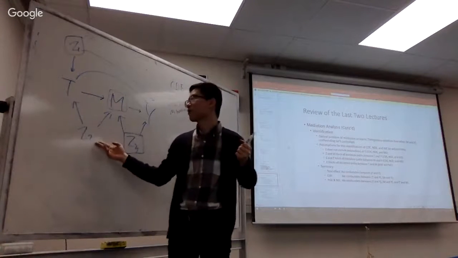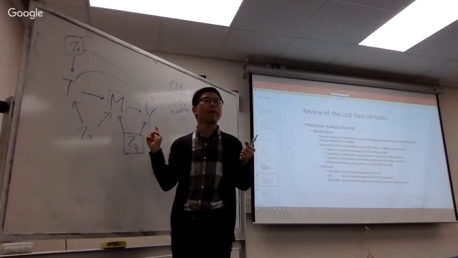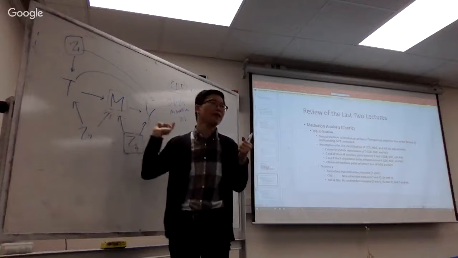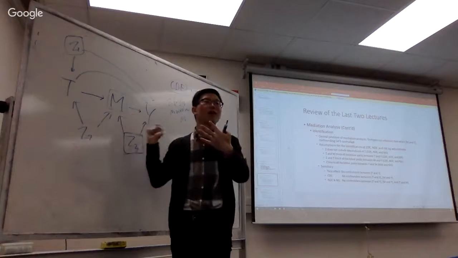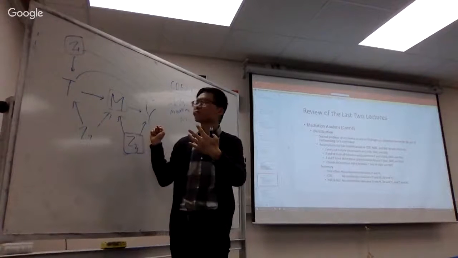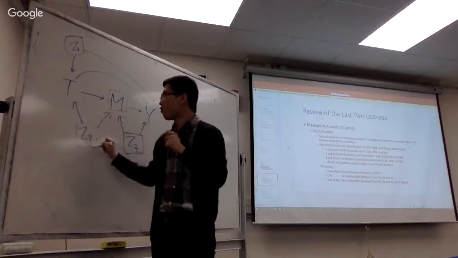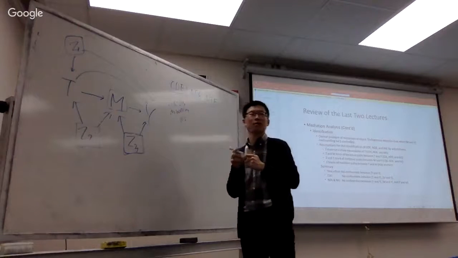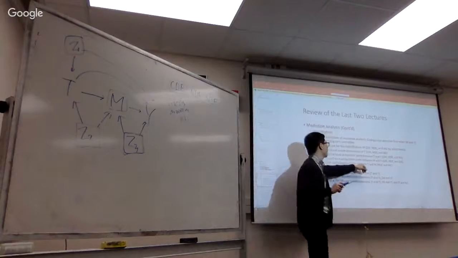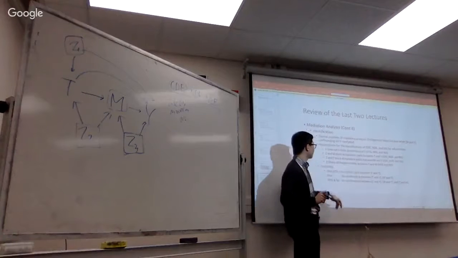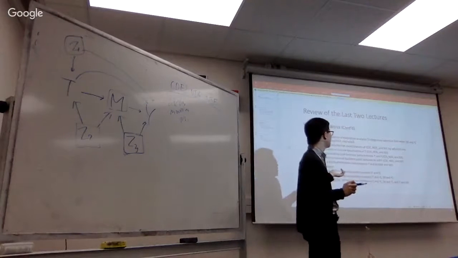But what if there is a confounder between T and M? This is not correctly identified, right? When you run the regression, it wouldn't be correctly identified, right? Good. So that's why you want to control for Z2 as well. So it is noted in writing that Z blocks all backdoor paths between T and M.